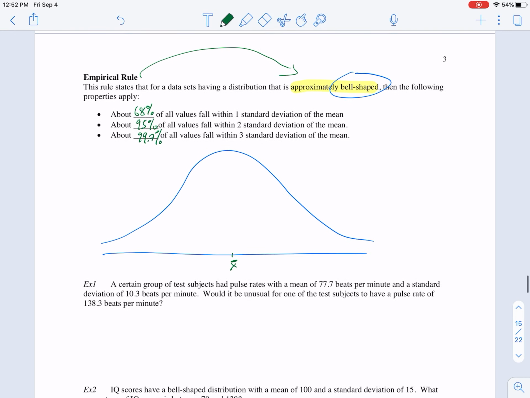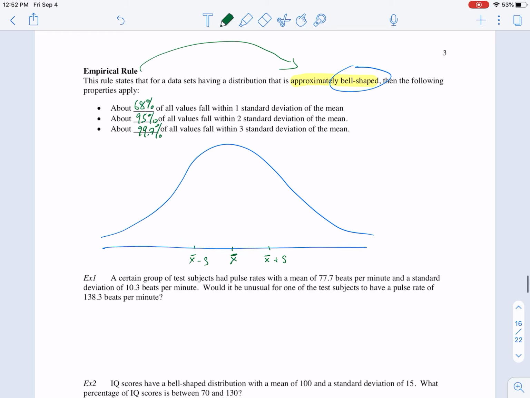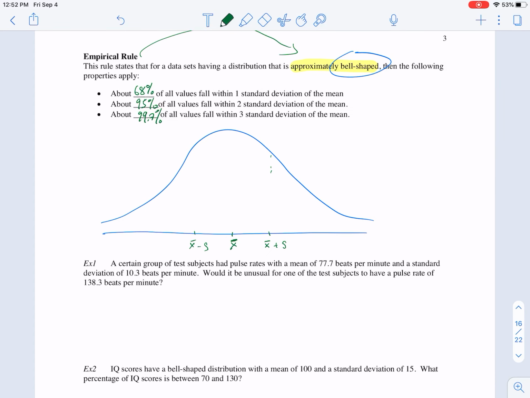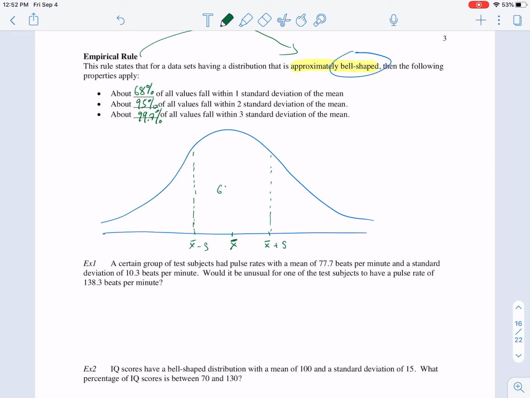So let's say here's the mean, and if we go one standard deviation to the right and to the left of the mean, so let's say this is X bar plus one standard deviation, X bar minus one standard deviation, okay, then this area, from left to right of one standard deviation of the mean, the empirical rule is saying that about 68% of the data values, okay, about 68% of the values fall within the first standard deviation of the mean.